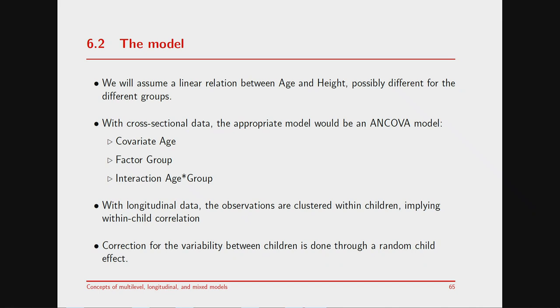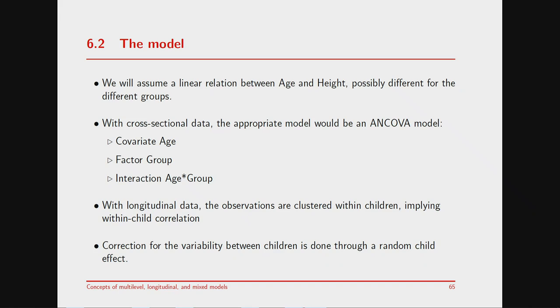And then probably the most important one would be the interaction between the age covariate and the group factor, because that interaction is really of interest to us. If you want to know whether the evolution, the rate of change as a function of age, is different between the 3 different groups, you're really interested in testing whether the age effect is the same, yes or no, between the 3 different groups, and that is, in statistical terminology, just a classical interaction between the covariate age and the factor group.